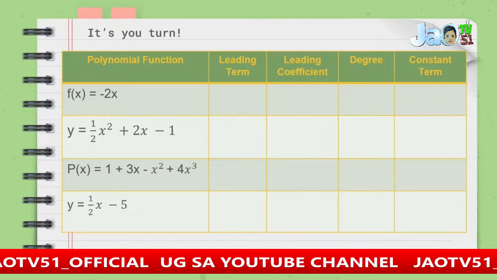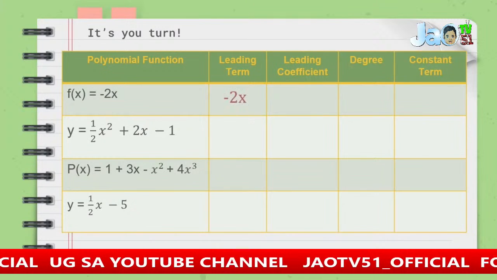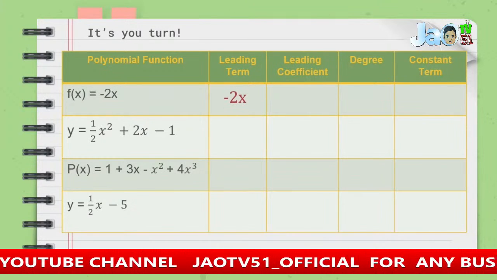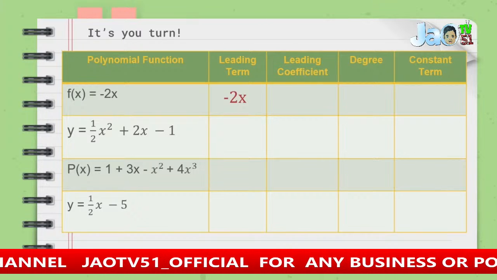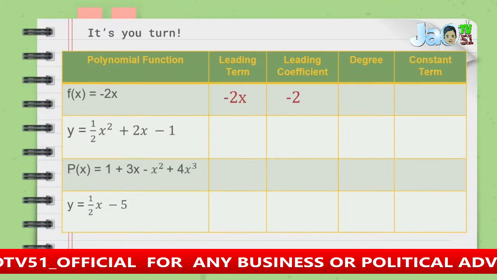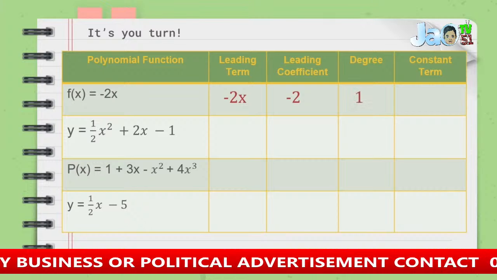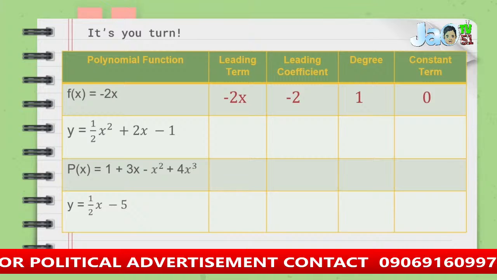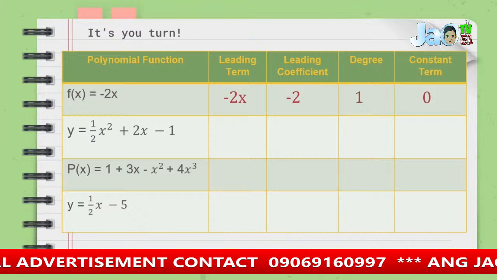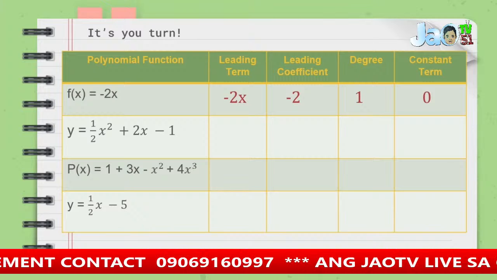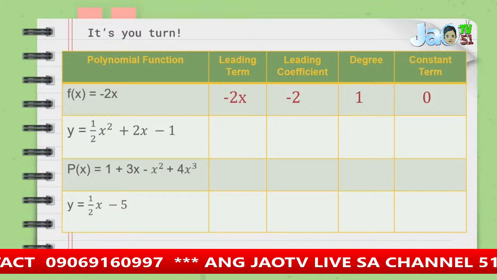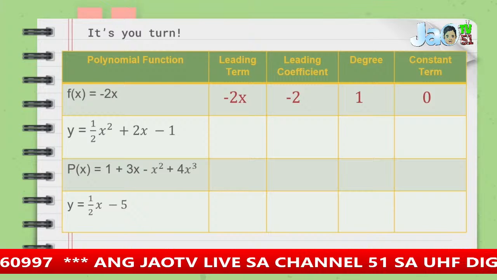The leading term is negative 2x. The leading coefficient is negative 2. The degree is 1 and the constant term is 0. The next polynomial is y equals 1/2 x squared plus 2x minus 1.